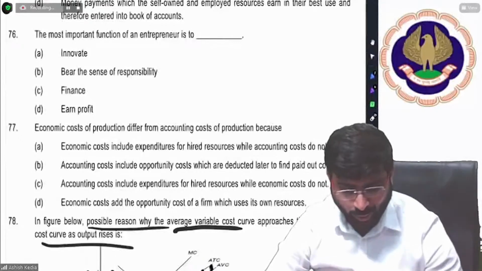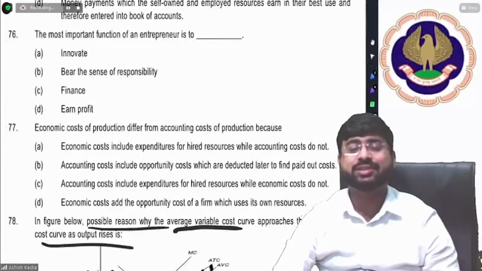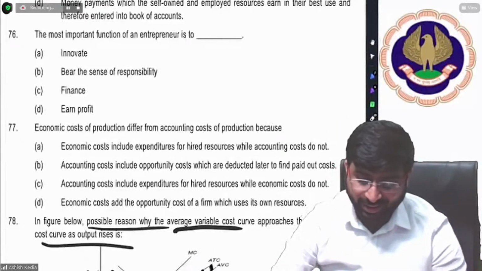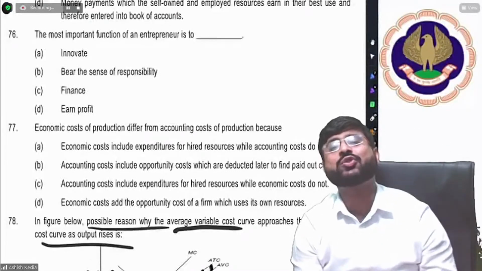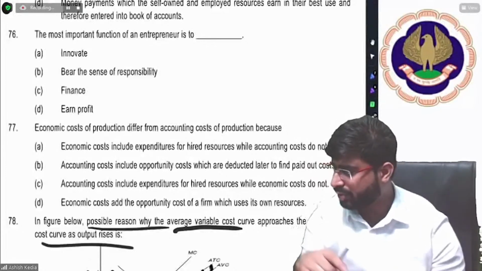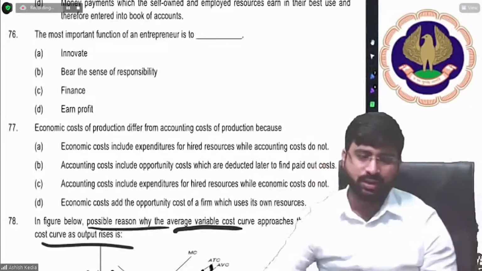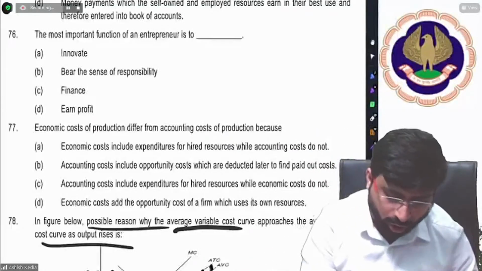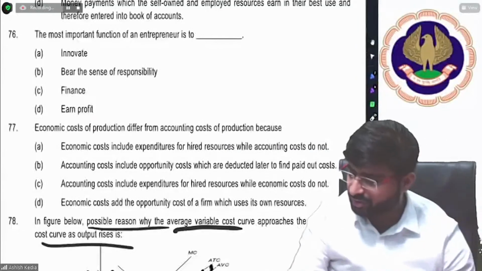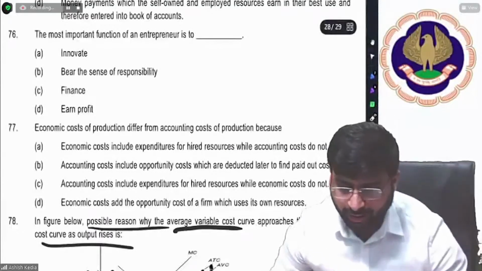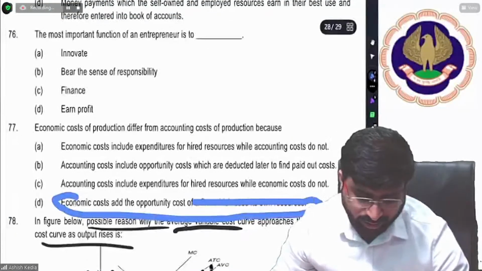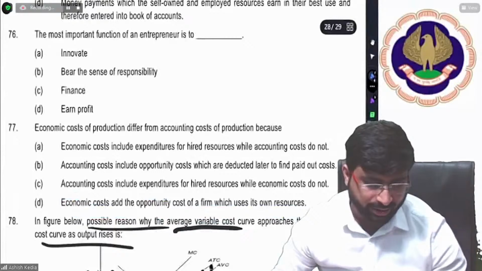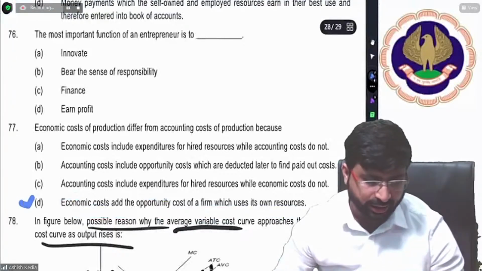That's why the answer is that economic cost adds the opportunity cost of a firm which uses its own resources. That is an absolutely correct answer. So this is our answer of 77D. I hope it's crystal clear, everybody.